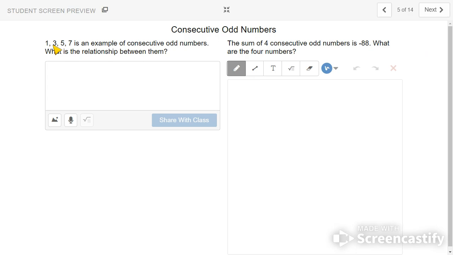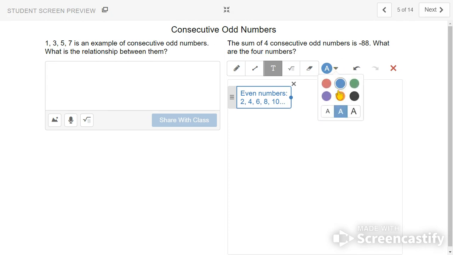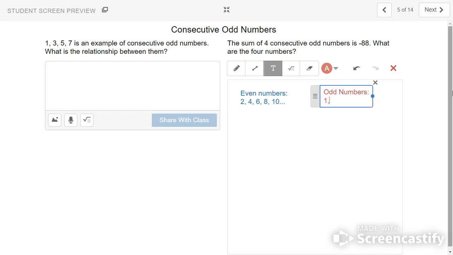Now let's consider consecutive odd numbers or consecutive even numbers. Let's say I had even numbers, 2, 4, 6, 8, 10. We could also have odd numbers: 1, 3, 5, 7. When you look at these, you'll notice that going from one number to the next, we're always adding 2.